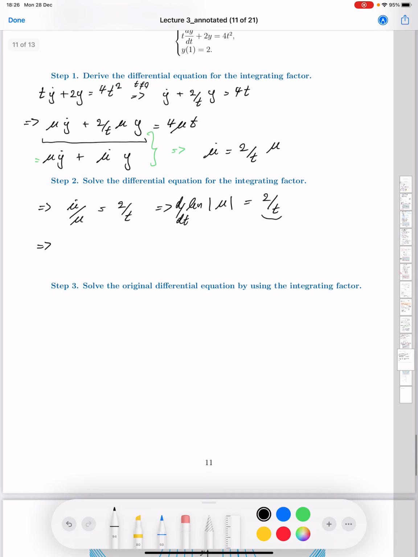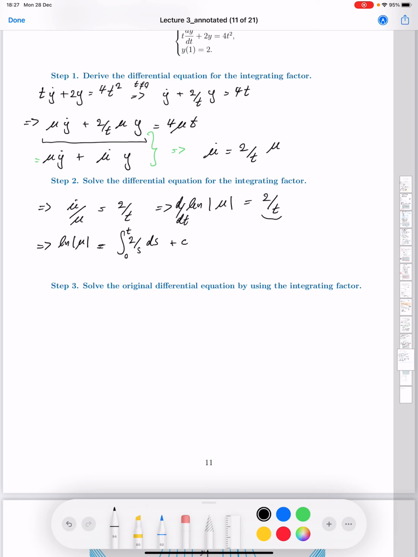This time I just write it down in another form. You don't need to always solve this. Sometimes you may not even know the solution for that. So what I will do is take the integral with respect to t, and then I will have ln of the absolute value of mu equals the integral of 2 over s, using this notation s, with respect to t, plus some constant c.